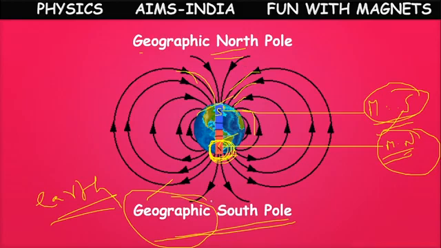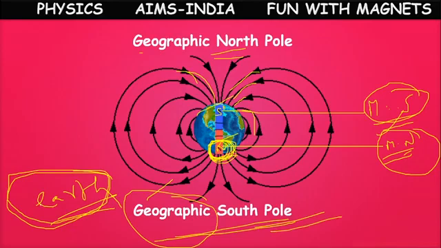The end part of the earth towards which magnetic north is pointing will be the south pole of the earth, because unlike poles attract.